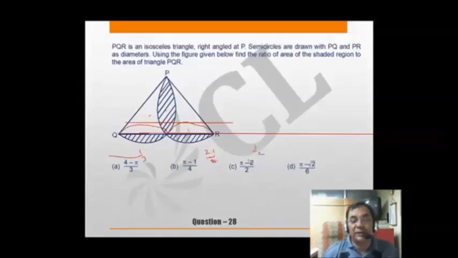Now I'm stuck. Either of these can be answers, because they are both nearly 50%.